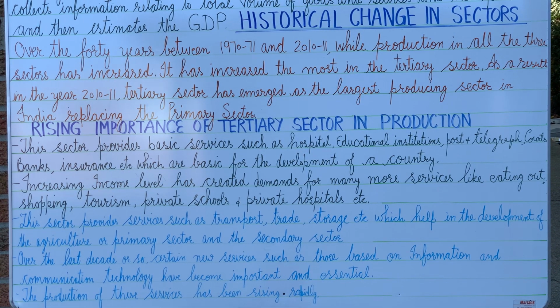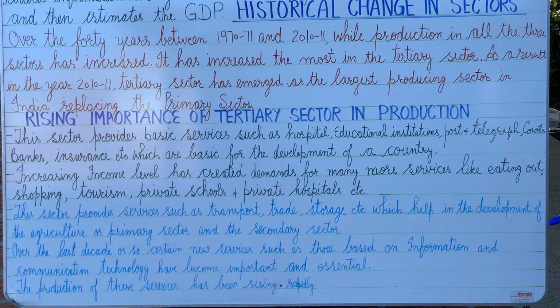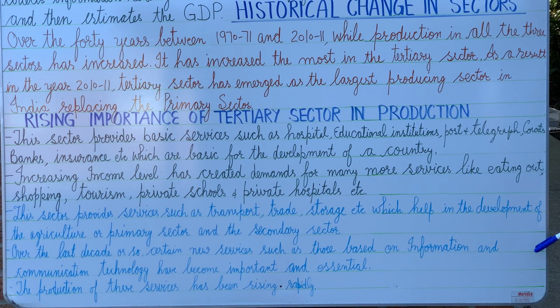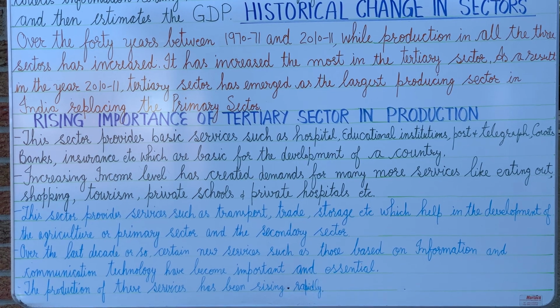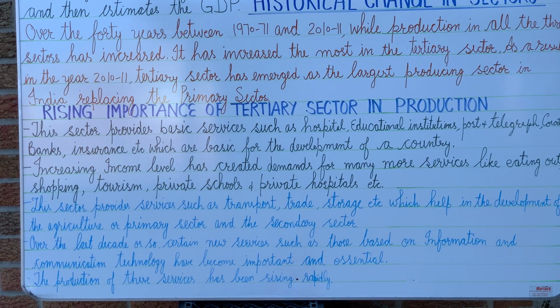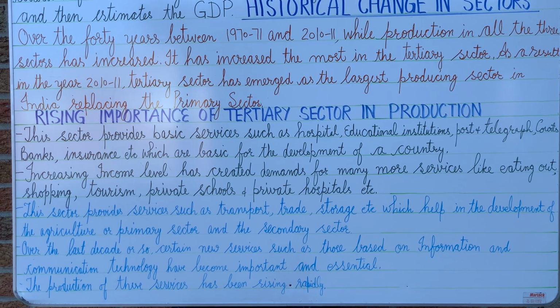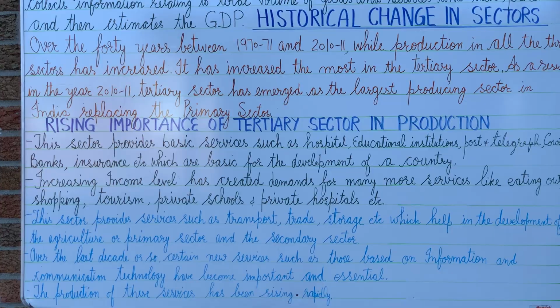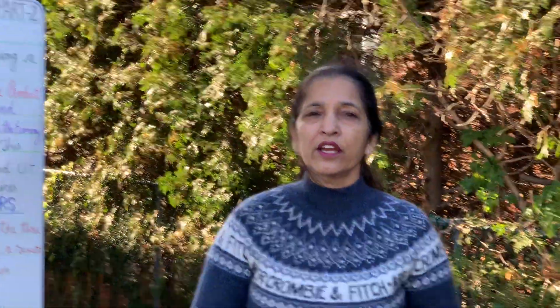Over the last decade or so, certain new services based on information and technology, that is communication, have become an important and essential feature, and all these services help in the production of services rising rapidly in the Indian economy. This service sector gives jobs to skilled as well as unskilled people working in the country.